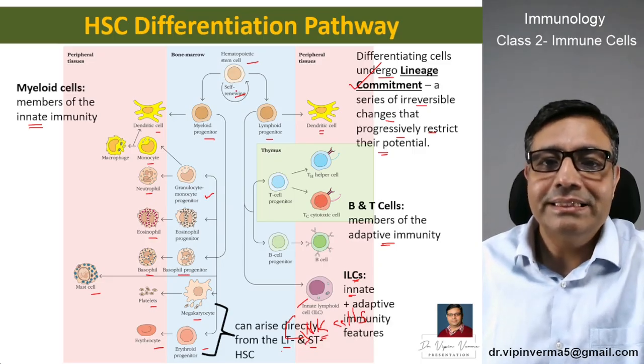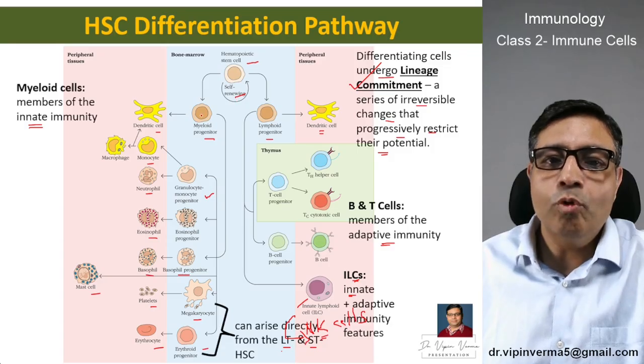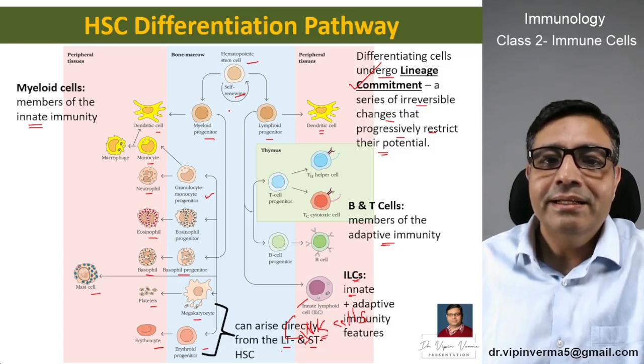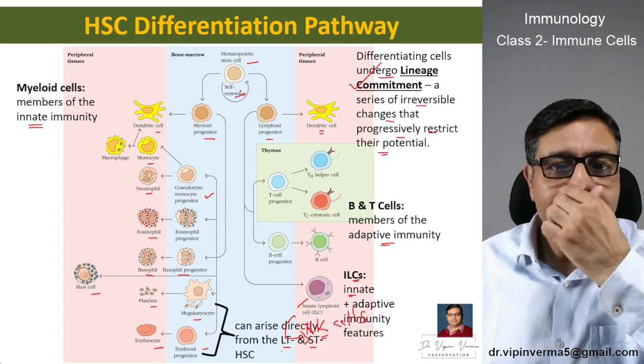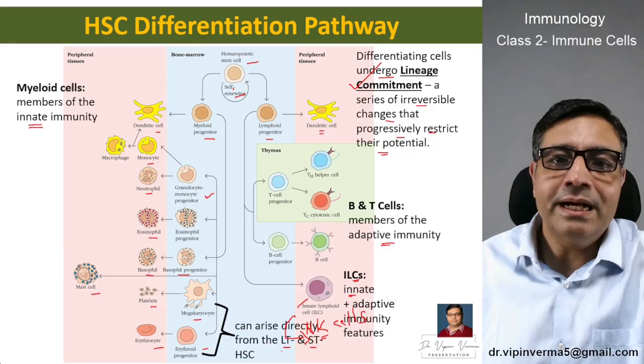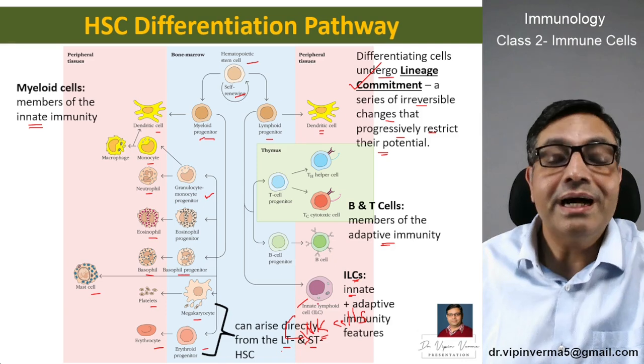But as it is dividing and more committing, it is restricting its ability to convert. For example, if the hematopoietic stem cell becomes myeloid progenitor, then now the myeloid progenitor cannot give rise to the T cells or the B cells or the ILC.